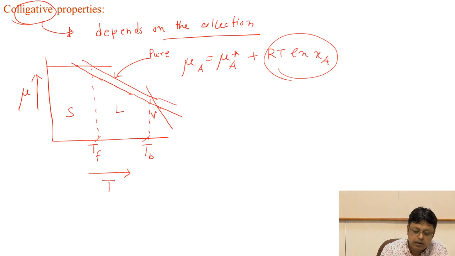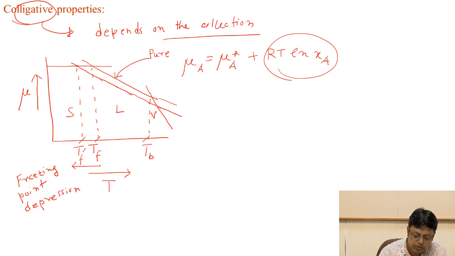So what you see here is that this curve now crosses the solid curve, which means the freezing point is now here after addition of the salt. So we see that we have a freezing point depression. Depression means it is lowering down, it has been lowered. This phenomenon is called freezing point depression.